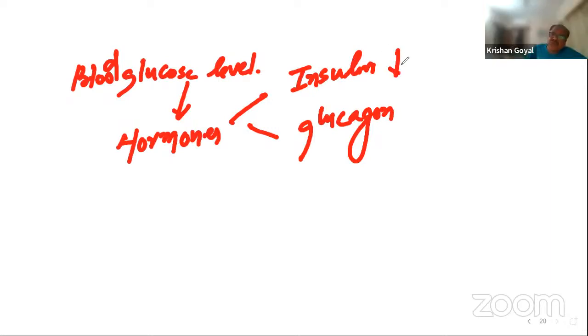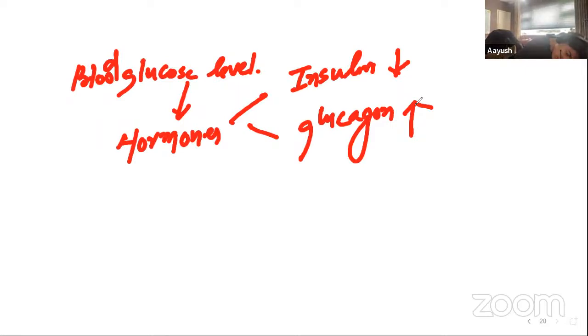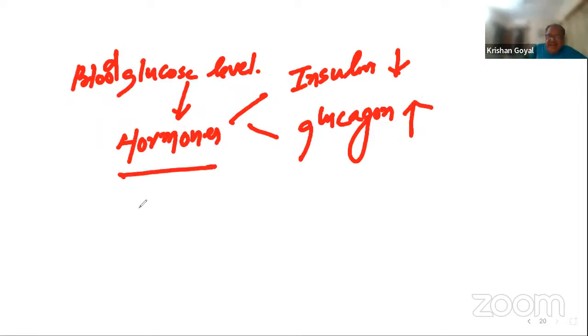Insulin decreases the sugar level and glucagon increases the sugar level. But this is maintained by neurotransmitters also.